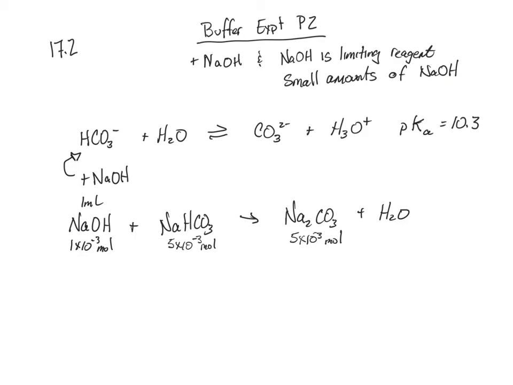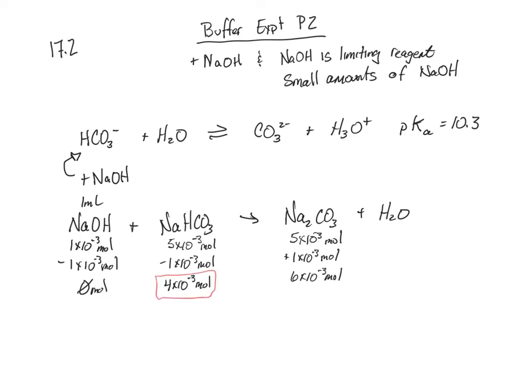And so in this example, the NaOH is the limiting reagent, and so 1 times 10 to the minus 3 moles of the reactants are going to react, forming 1 times 10 to the minus 3 moles of the product. And so that leaves me with no NaOH, 4 times 10 to the minus 3 moles of bicarbonate, and 6 times 10 to the minus 3 moles of carbonate.